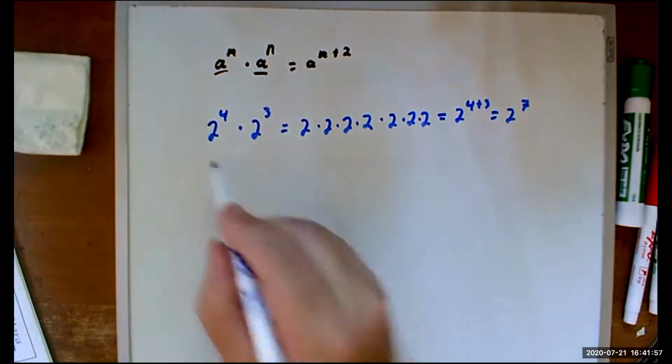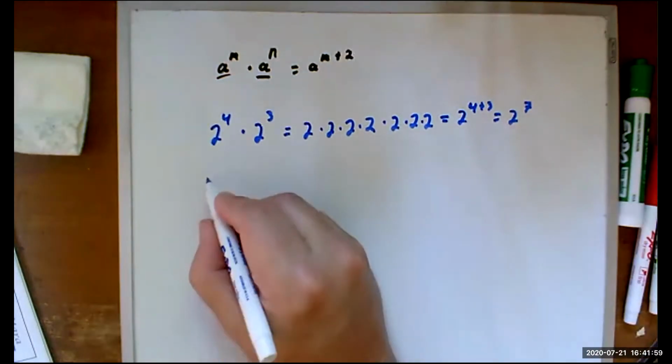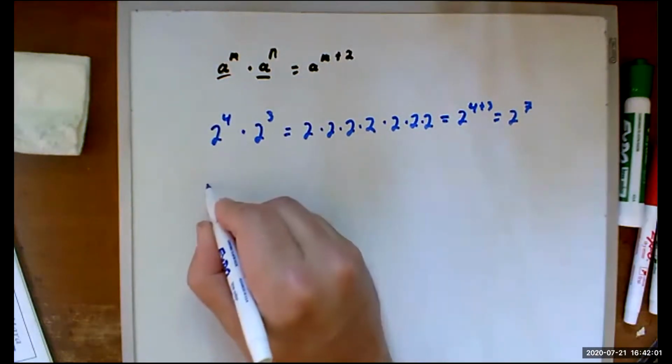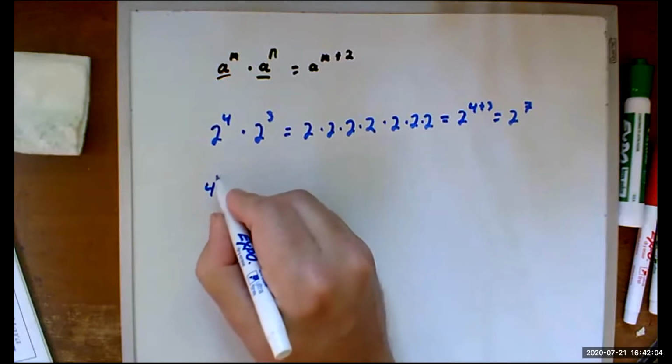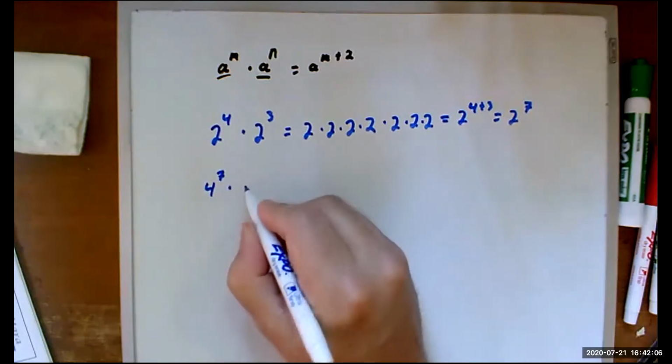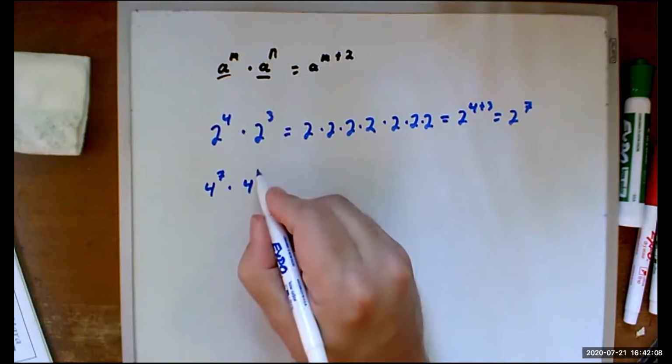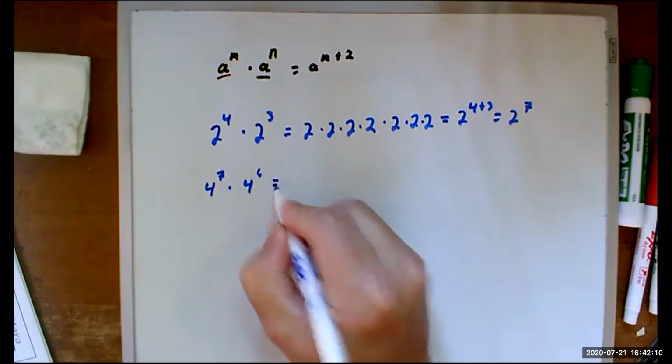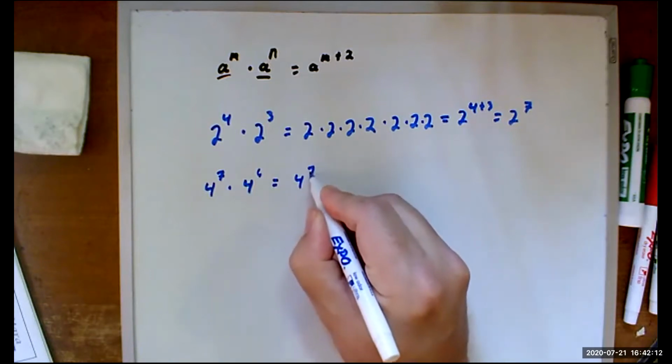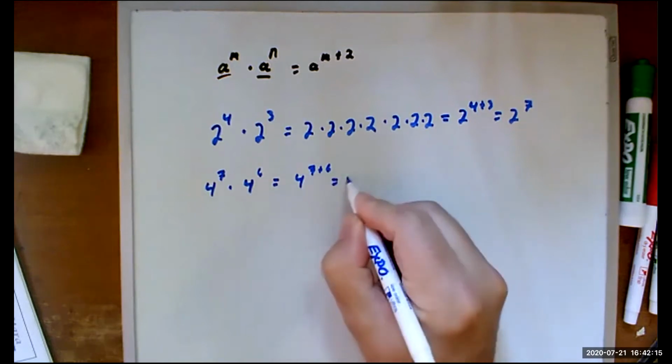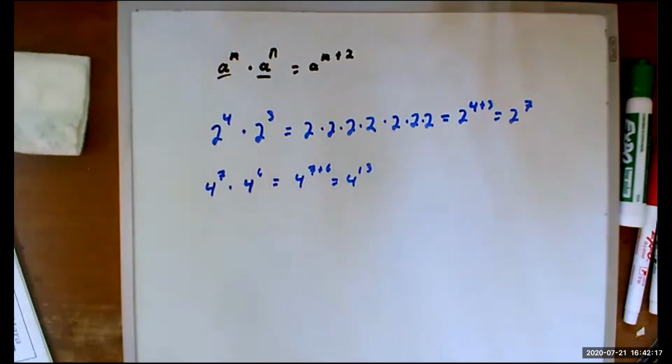So for the most part, we can just jump from there to there. Another quick example: if I had 4 to the power of 7 times 4 to the power of 6, that would be 4 to the power of 7 plus 6, or simply 13.